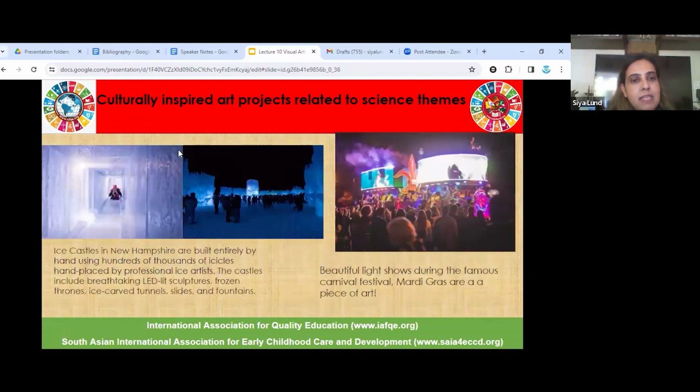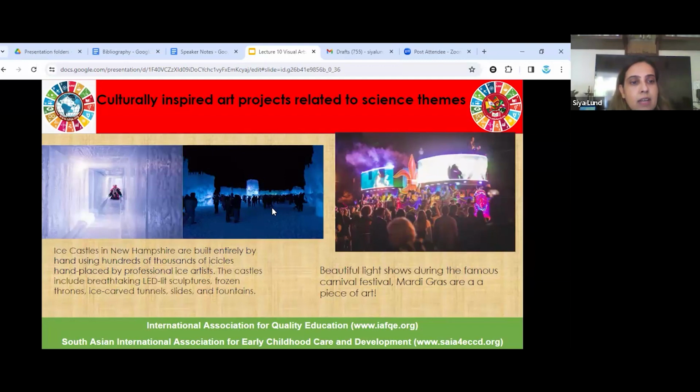And here is again something I found very cultural that happens in New Hampshire. These are ice castles. It's a proper ice castle place where they use hundreds of thousands of icicles, and they're actually made by ice professionals, ice artists.